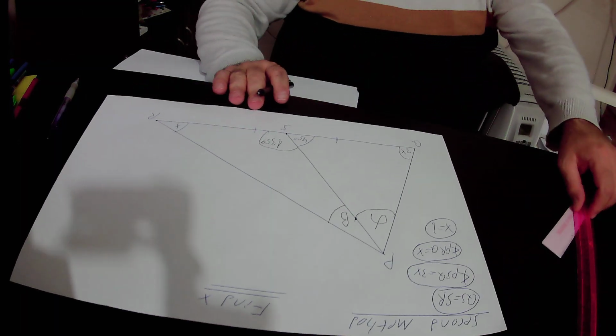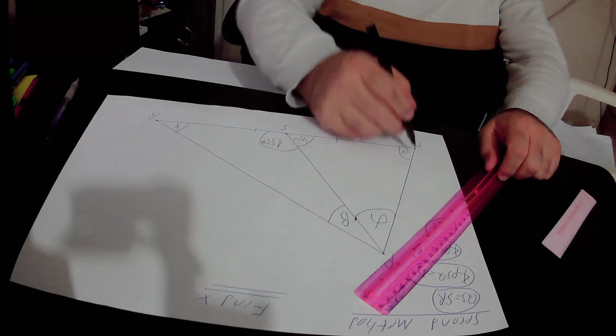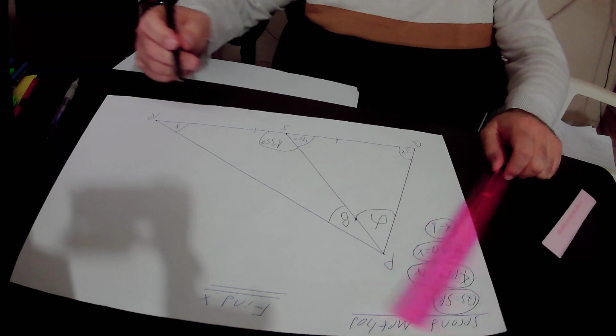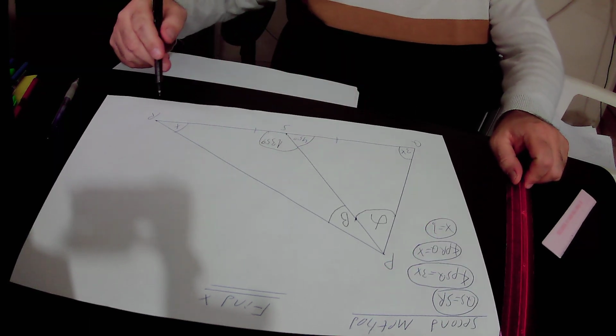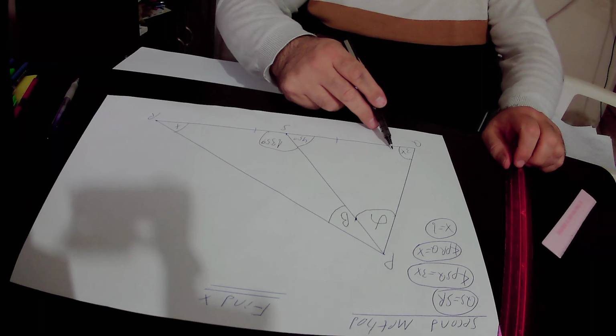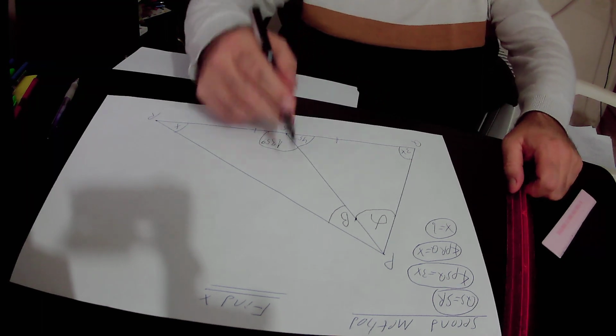In the next step, we will do a construction from point Q. We will draw a straight line to PR in such a way that the angle that will be created here will be equal to x.